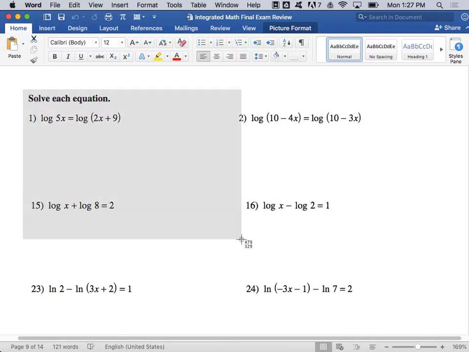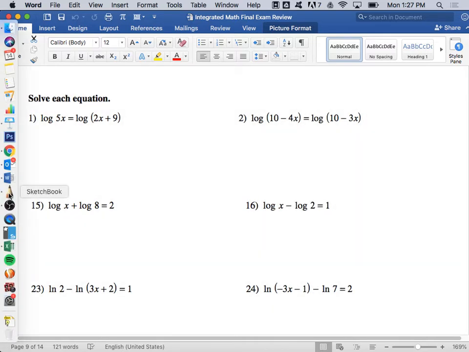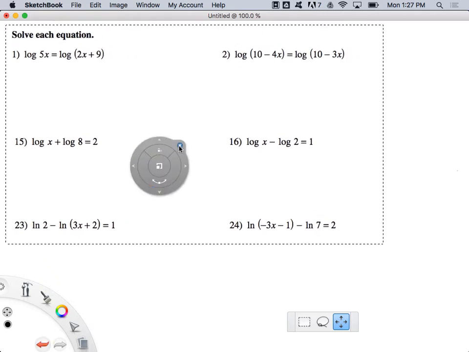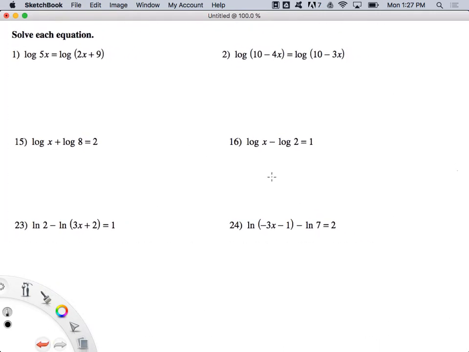Solve each equation, it says. We're solving for x. There are multiple different ways, and people get confused. This is different than this, which is different than this one. You have to know how to handle each one. So let's take a look.